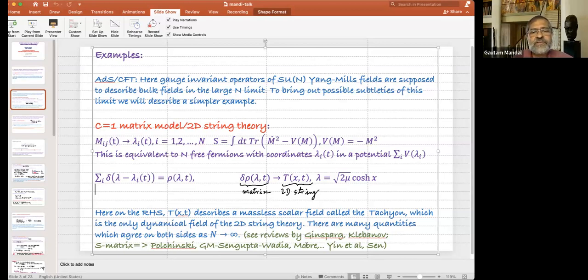These calculations started right from the 1990s to even now. There are beautiful papers by Shi Yin and Ashoke Sen doing this S-matrix calculation. So there are a large number of agreements.